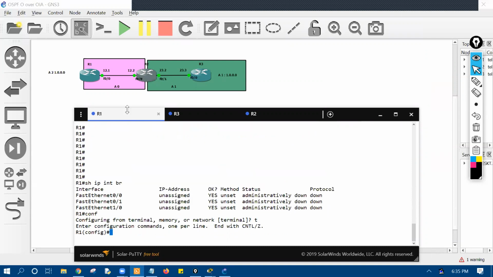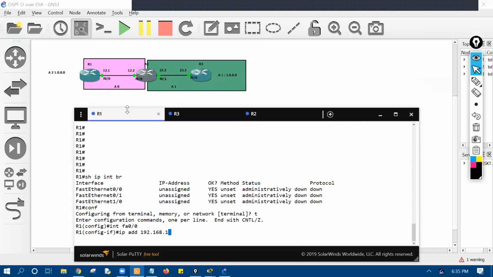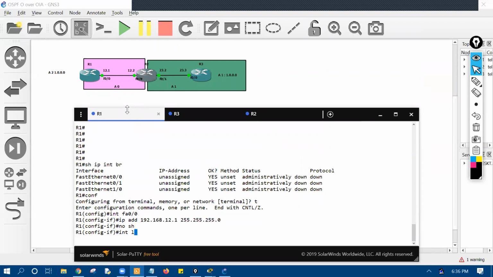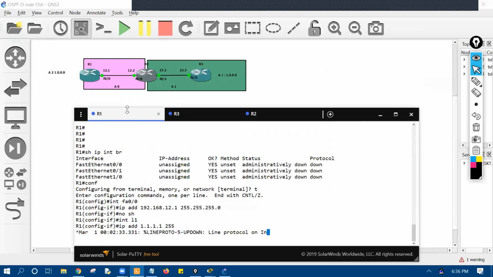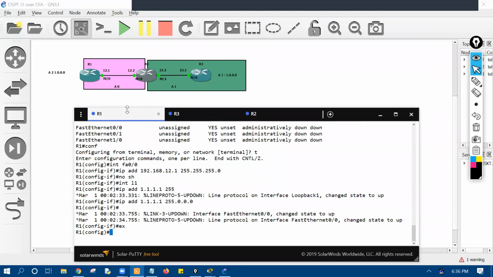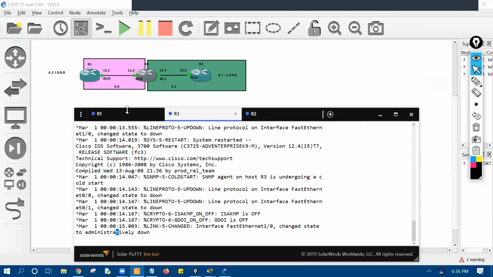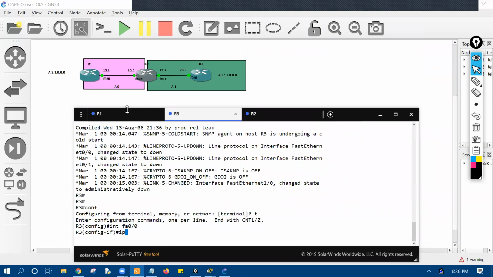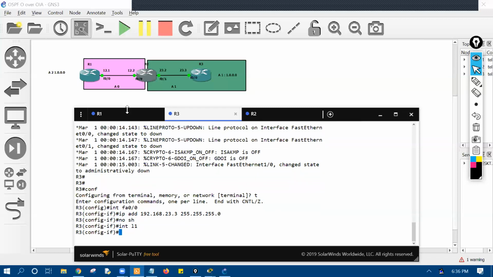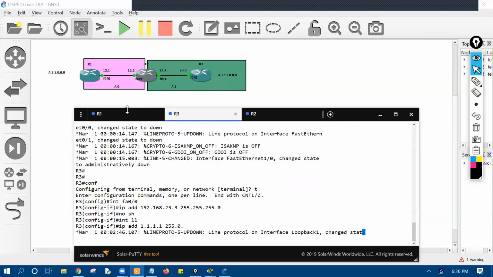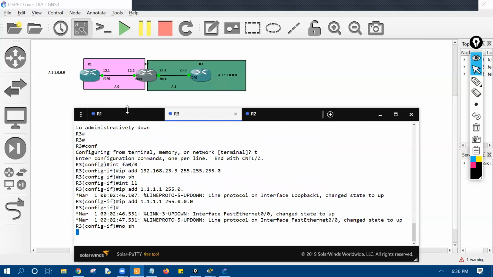Interface 0/0 IP address will be 2.1/24. No shutdown. Interface loopback number 1 IP address will be done. Do WR. R3 interface 0/0 will be 23.3/24. No shutdown. Interface loopback number 1 IP address will be 101/24. So /8. No shutdown. Sorry. Do WR.